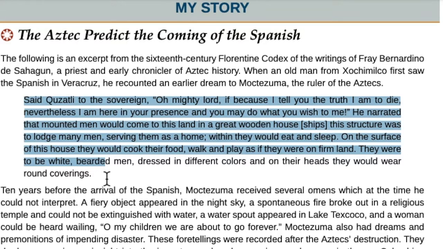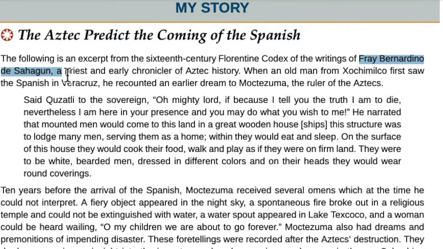In order to determine that, you have to determine when he wrote this, why he wrote this, where he wrote this, and what we can tell from that. So you'll have to do some research on finding out what this guy was like. What were his politics? That is, what was his point of view regarding the Aztecs?